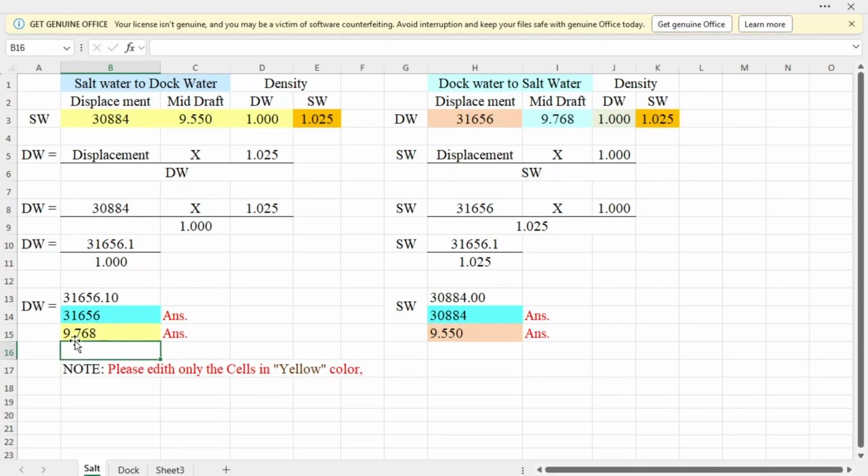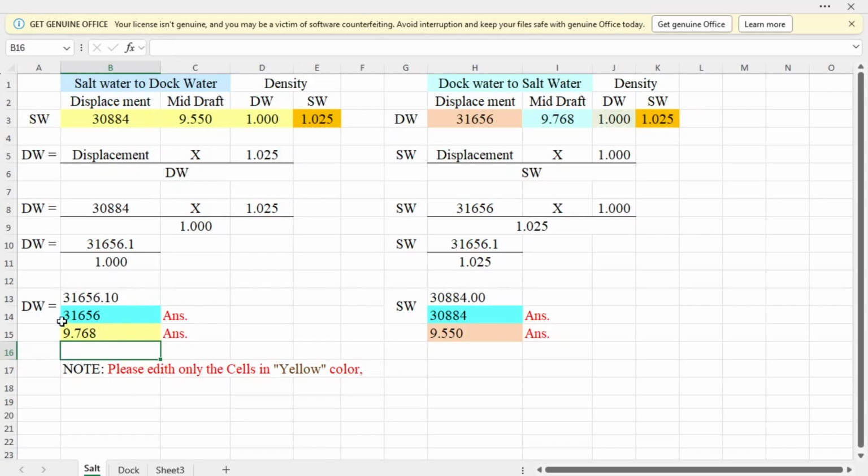That will be his corresponding draft with the displacement of brackish water of 31656. So this is the reverse. If your corresponding draft or displacement is in brackish water of 1.0100, your displacement is 31656, and your freshwater displacement will be this one, and this corresponding draft will be 9.55.